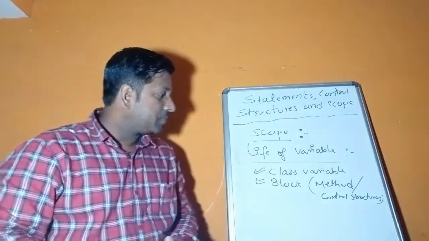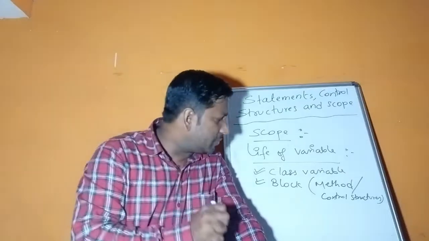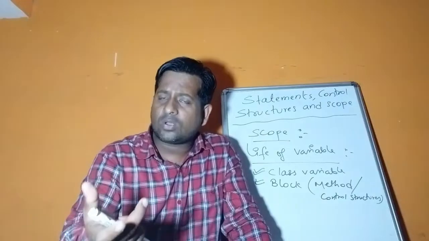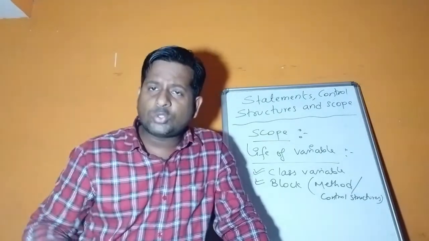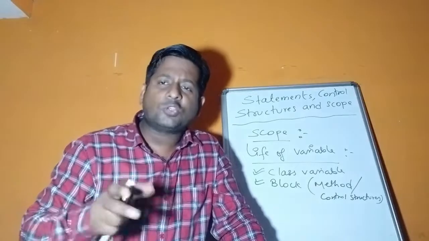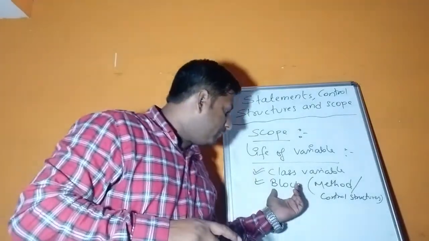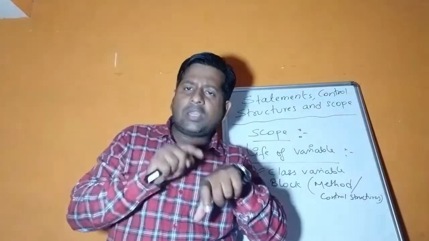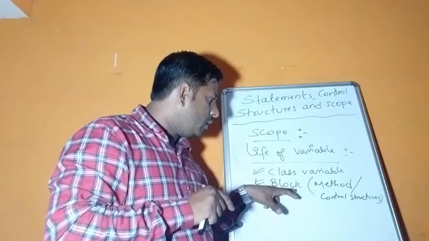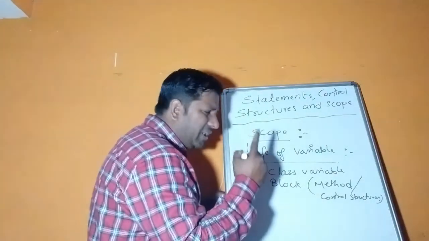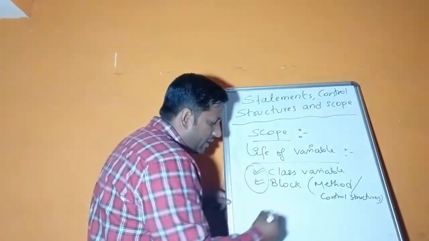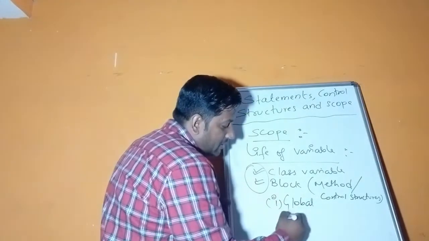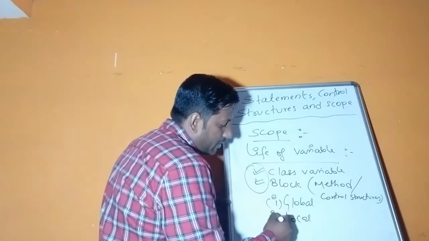If the variables are declared inside a block, and the block can be a method or a control structure, that means if-else or iterations like for, while and do-while, or maybe break and continue, which we don't use for this. Whenever a block is there, with a curly bracket, and we declare a variable in that curly bracket, that variable becomes a local variable. So based on these two, we have global variables as well as local variables.